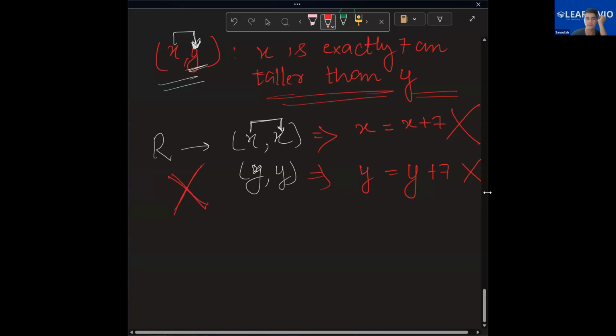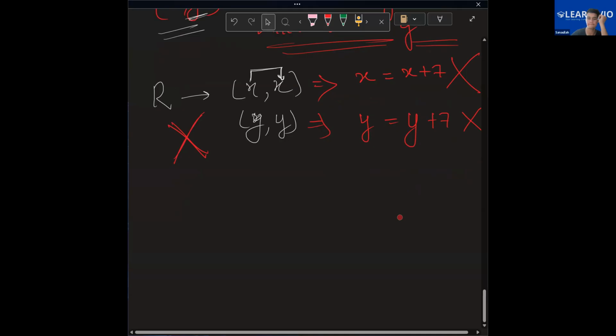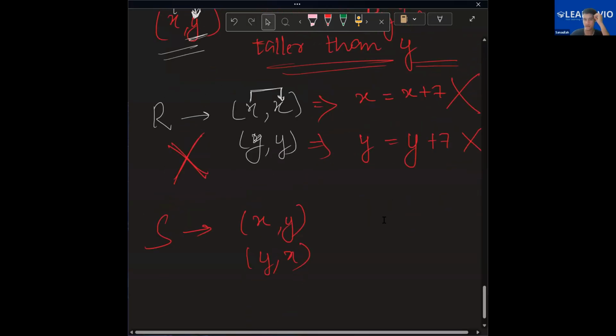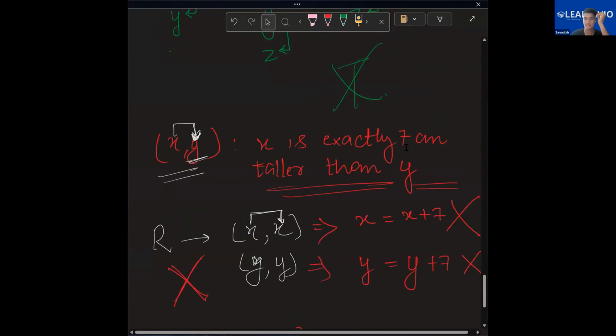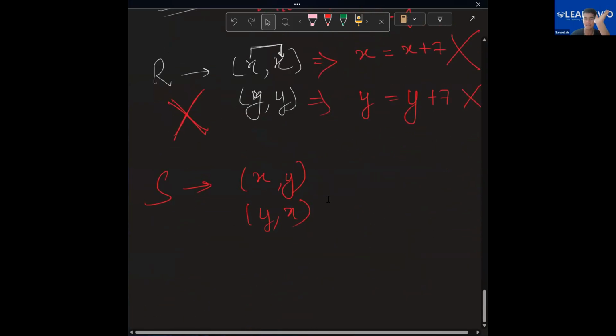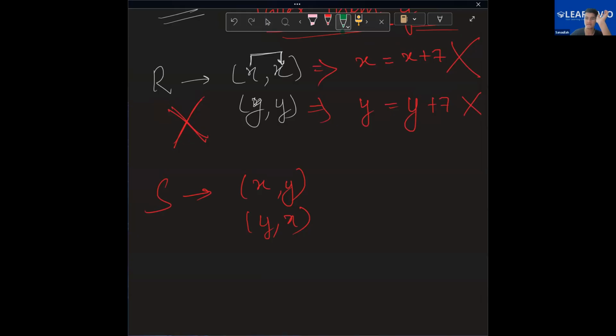Now let's move to the symmetric part. For symmetry, if (x, y) is related, then (y, x) should also satisfy the relation. The equation was: x is exactly 7 centimeter taller than y.